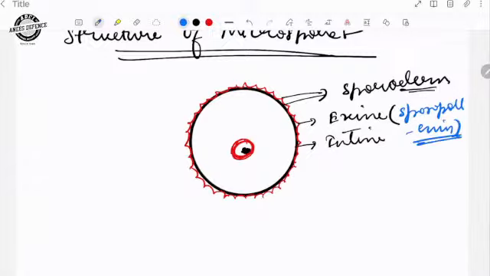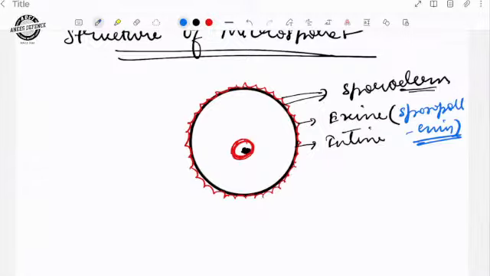It is chemically very stable, so that no unfavorable condition is going to destroy this exine. So the pollen grains inside are completely healthy, safe and protected by this outer layer, because of the chemical sporopollenin all over the surface.